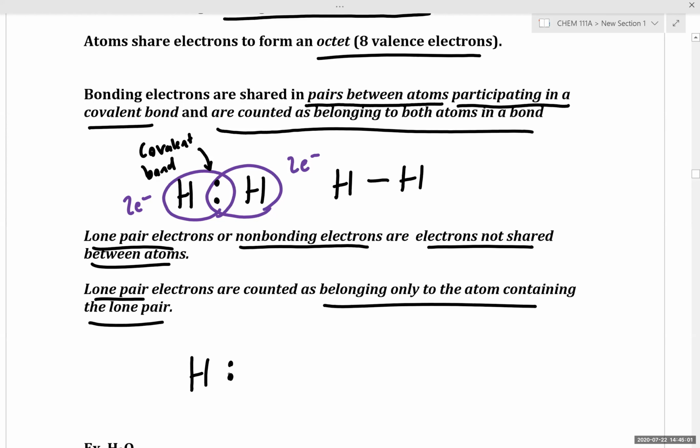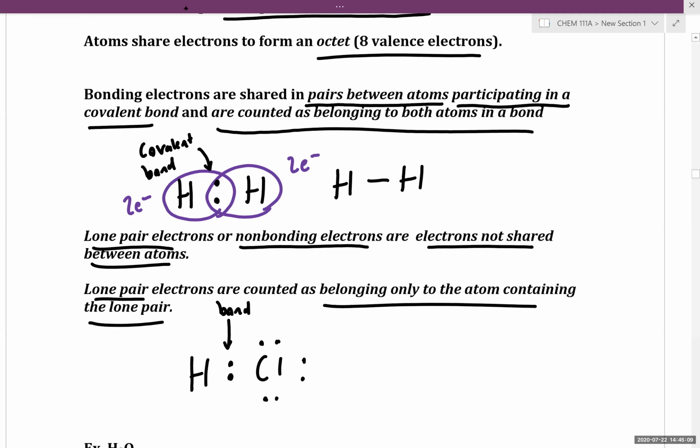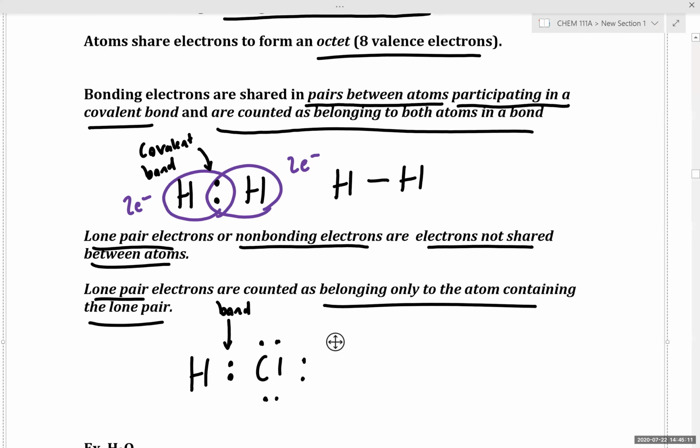So if we look at hydrochloric acid, for example, we have a bond, we have some shared electrons, and we have some lone pair electrons. Let me give them a different color just to make it easier to see. So these electrons in purple are our lone pair electrons.